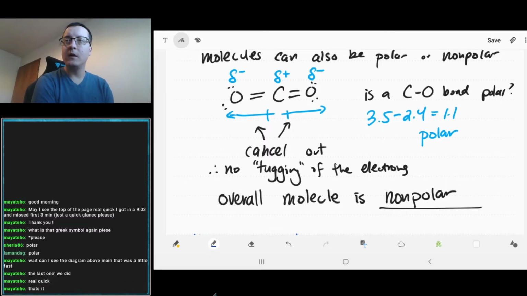Okay. Yes, so essentially all we're doing here is looking at whether our molecules are symmetrical or not. And that's going to give us some insight into whether it is polar or not. And we're going to see that the polarity will be an important factor in predicting some properties later.